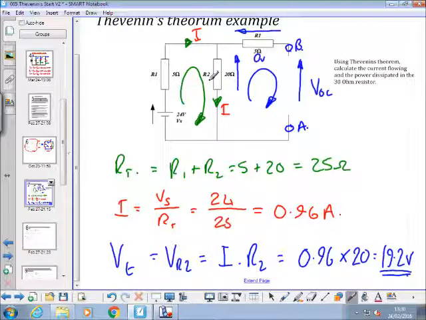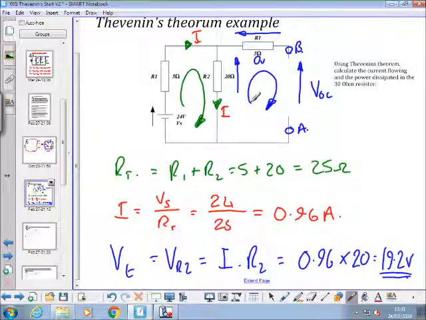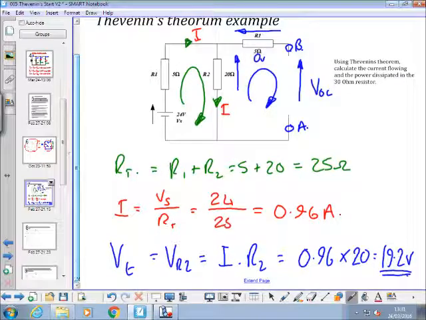Use that to calculate the current flowing with the load resistor removed, and then we've got a loop here that says if we find the volt drop across R2, we'll also have the open circuit voltage because there's no current flowing in R1. So we've said that the Thevenin voltage or open circuit voltage is equal to VR2, which is the current times the resistance, 19.2 volts.